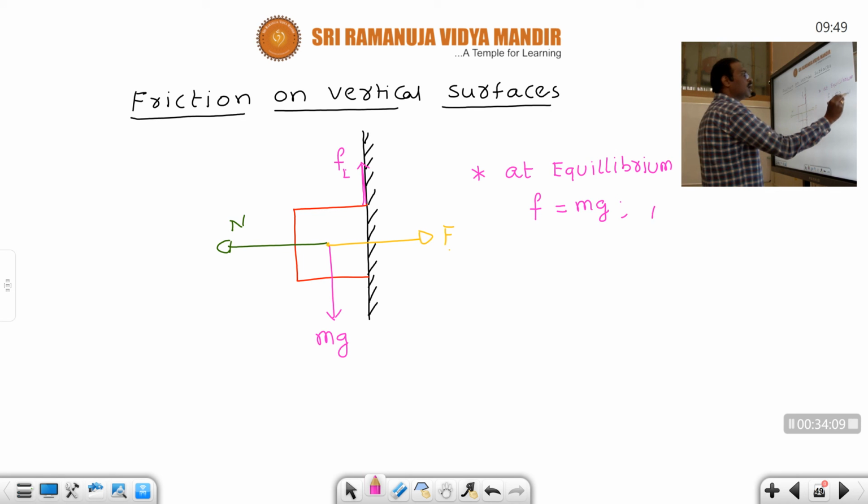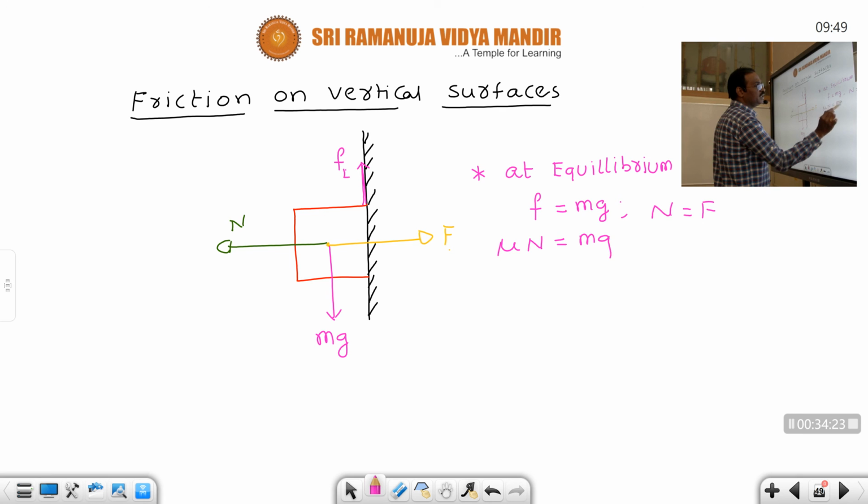And also the normal reaction N is equal to the applied force F. What is the formula of friction? Mu into N is equal to mg. At the place of N we can substitute the force required to hold this block, F. So mu into F is equal to mg. Then how much force is required? F is equal to mg by mu.